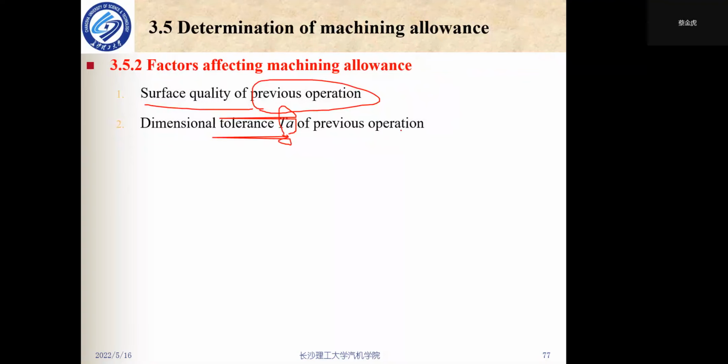It is because in order to correct the machining errors produced in previous operation, the machining tolerance of this operation should include TA, the dimension tolerance of previous operation. And the magnitude of TA can be found by looking up the relevant handbooks based on the economical machining accuracy.